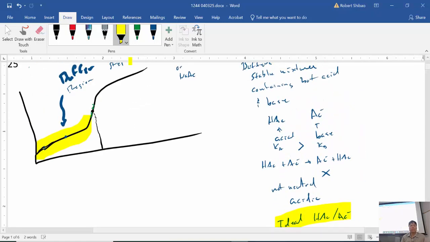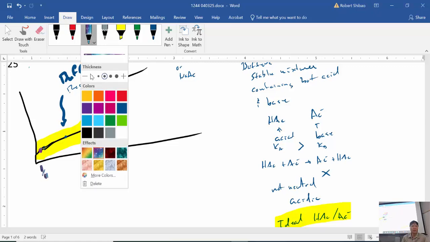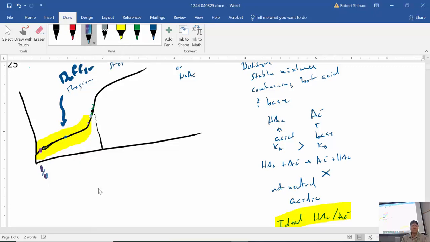So when we're looking at the buffer region in the titration curve, to make an optimum buffer, we go from the 1/11th, this is why I like the 1/11th and the 10/11ths. What's significant about the 1/11th and the 10/11ths equivalence point?